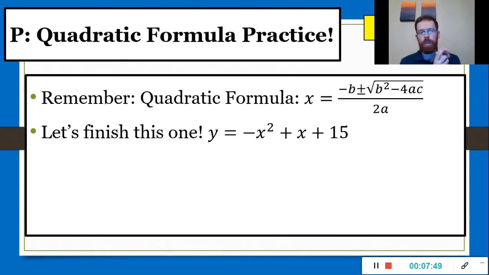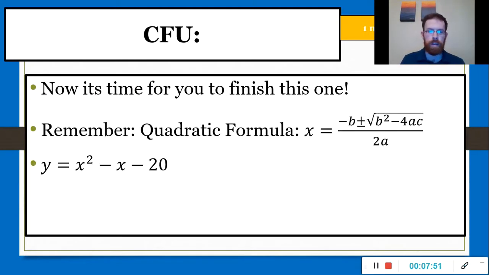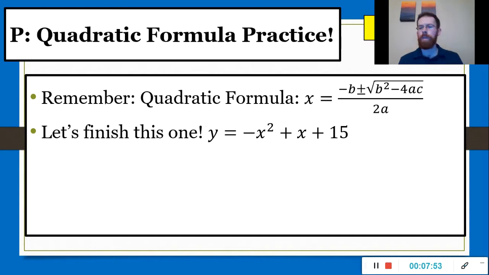Because solving things is a good way to know whether or not what you're doing is right. So, obviously, for A I have a negative 1, for B I also have a 1, for C I have a positive 15. Let's build this.